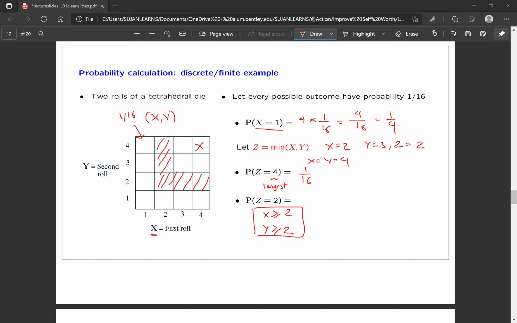This is the event that I have drawn here. There are 5 possible outcomes there. Each one has a probability of 1 over 16. If that's the case, then we can calculate the probability by multiplying 5 by 1 over 16. This is the answer to this problem.